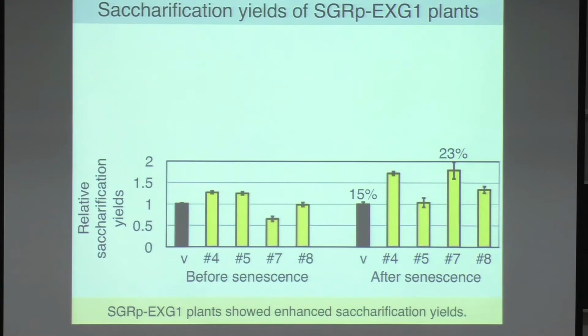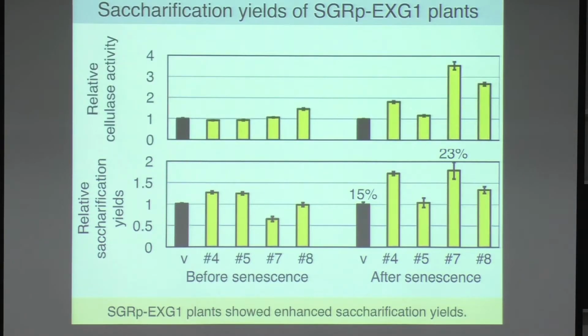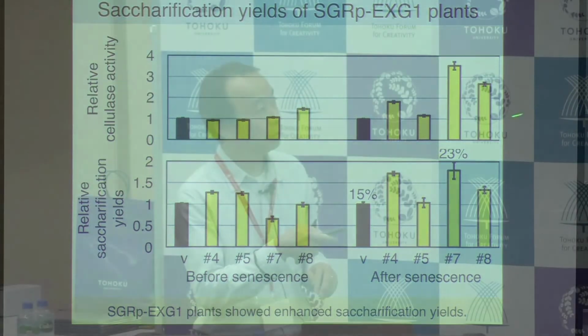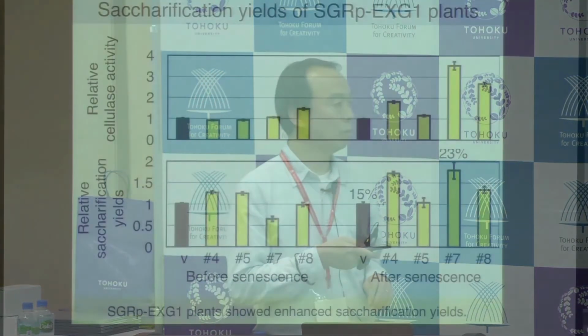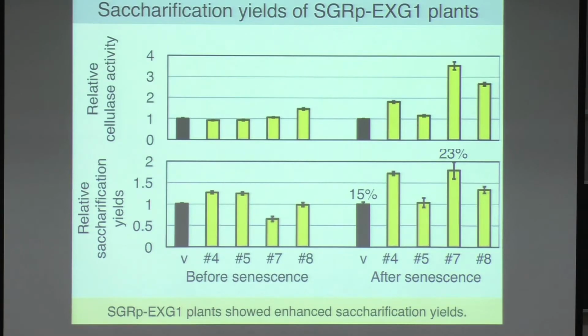If we compare the saccharification yields with the cellulase activities, when cellulase activity is higher, the saccharification yield is enhanced. And this plant with no enhancement of cellulase activity showed no enhancement of saccharification yield. So SGR EXG1 plants showed enhanced saccharification yields without affecting panicle development or leaf development, and we observed no morphological differences between these plants and the control plant when the SGR promoter is used.